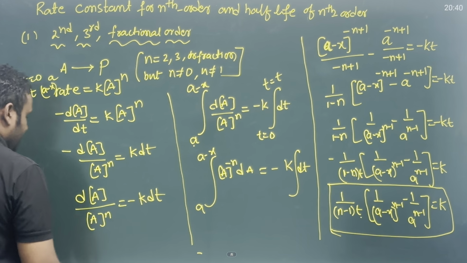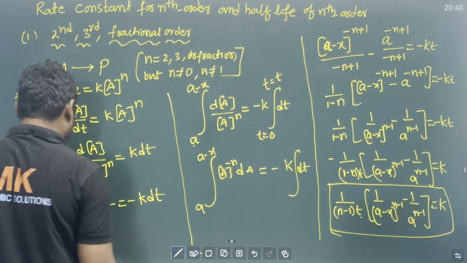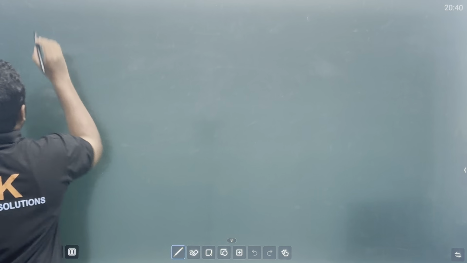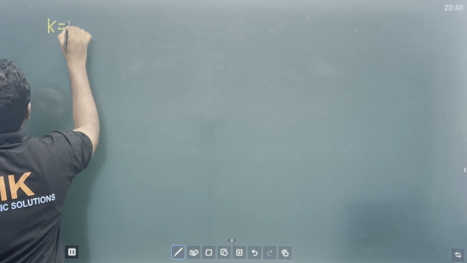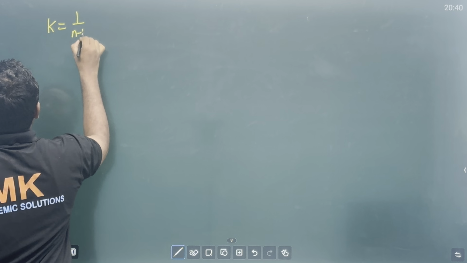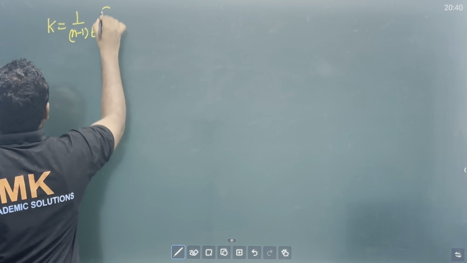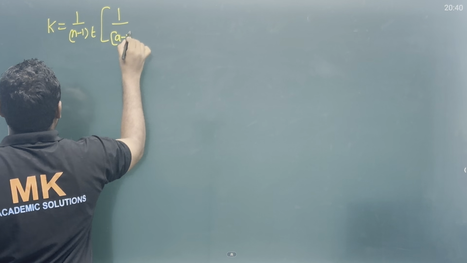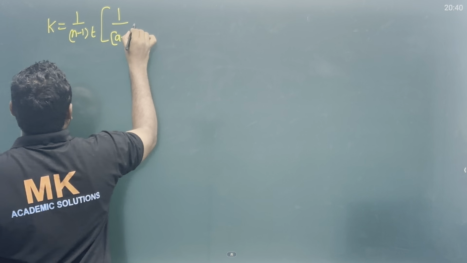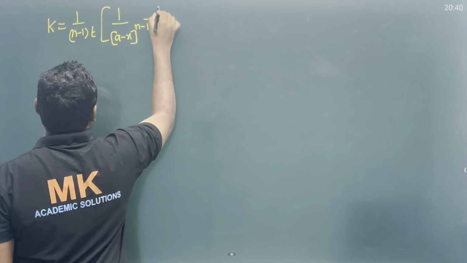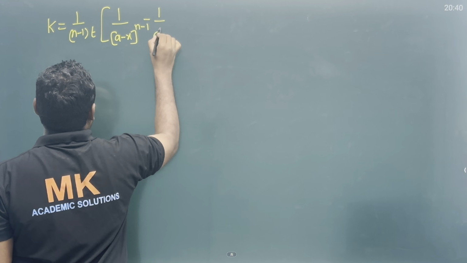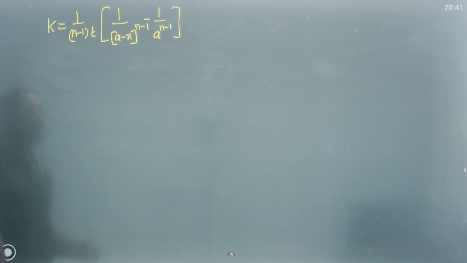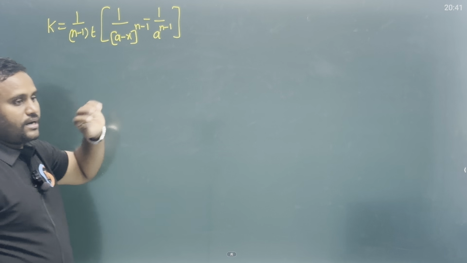Okay, so now let us write that in another way. So here, how did we get it? k is equal to 1 by (n minus 1) into t, 1 by (a minus x) power n minus 1, minus 1 by a power n minus 1. So this is the rate constant for nth order reaction.